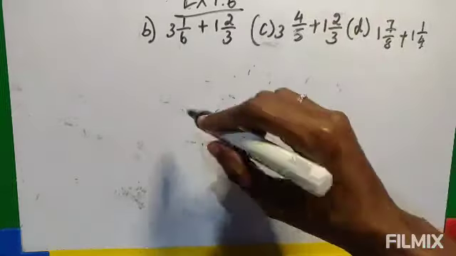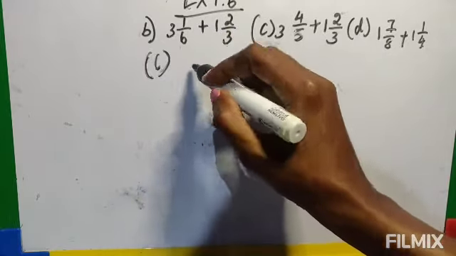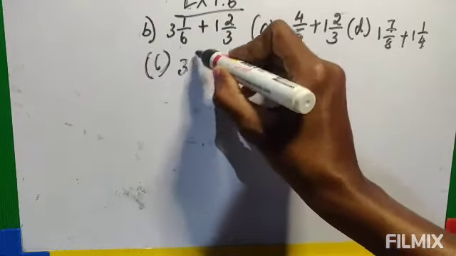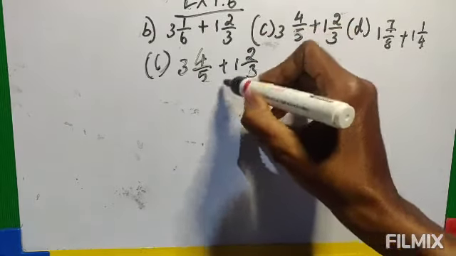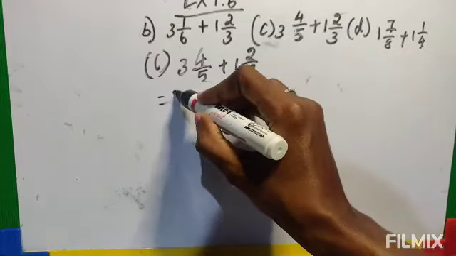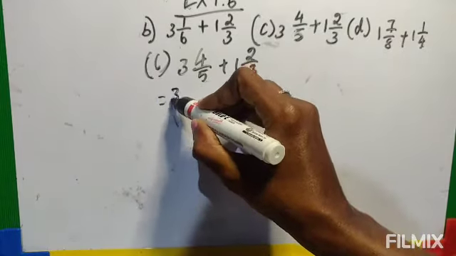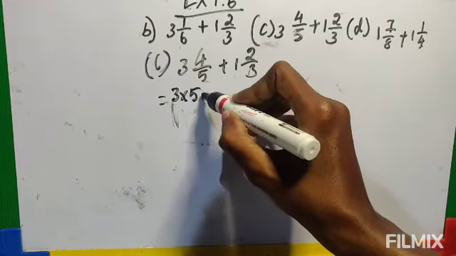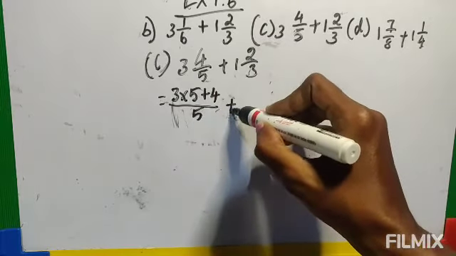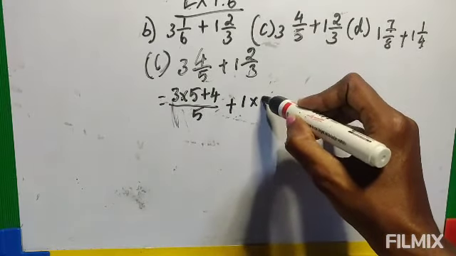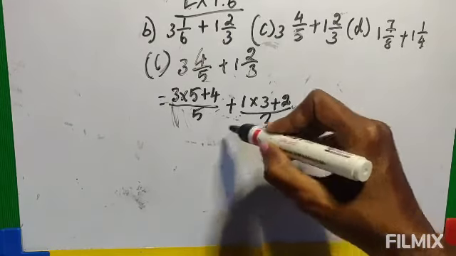This one I will now explain how to do. Sum c1, I will go fast. 3 4 by 5 plus 1 2 by 3. First we will change them into improper fractions: whole number multiplied by denominator plus numerator, over denominator.